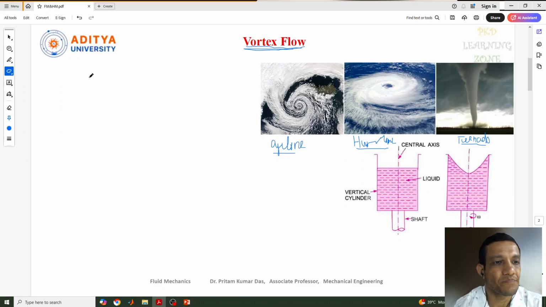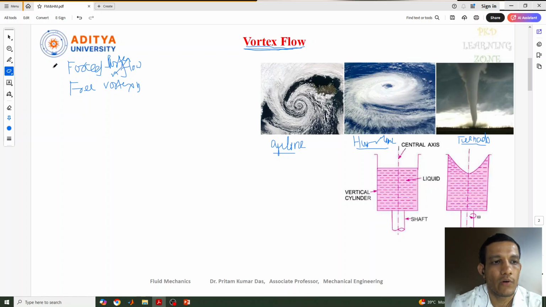Vortex flow basically has two types. One is free vortex flow, and another one is forced vortex flow.